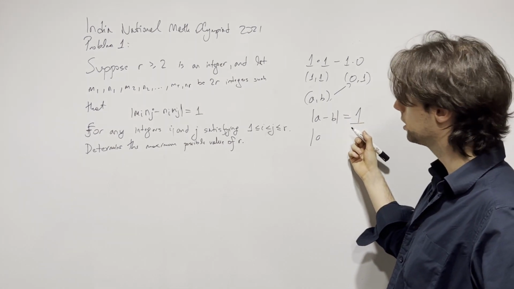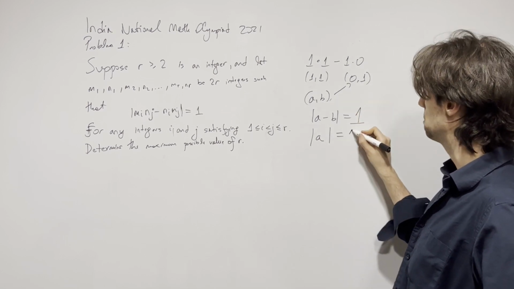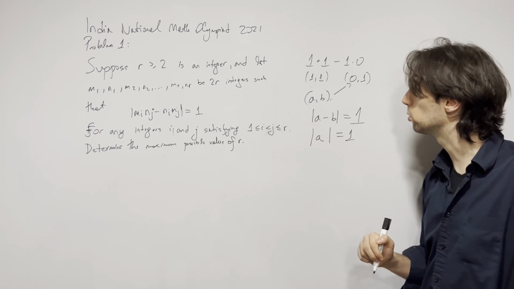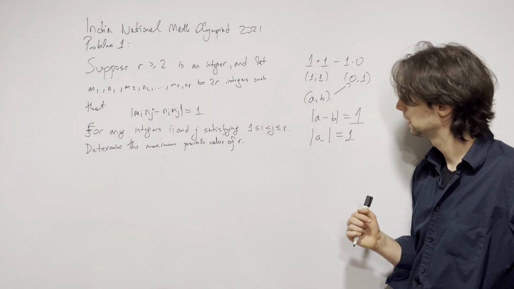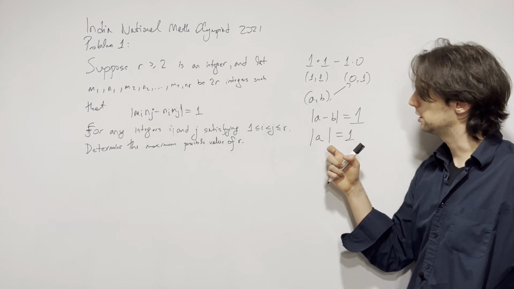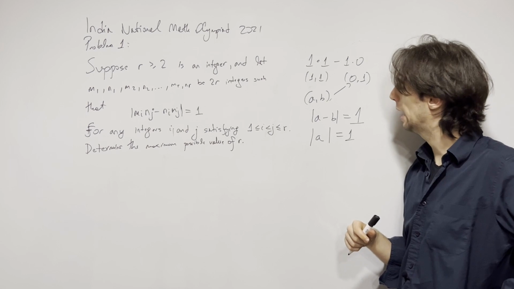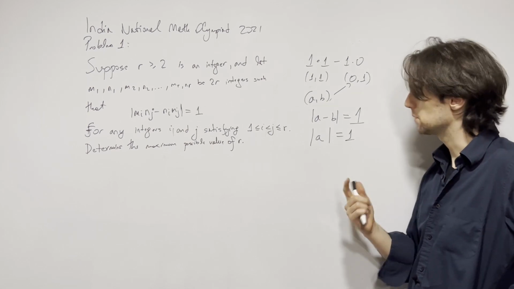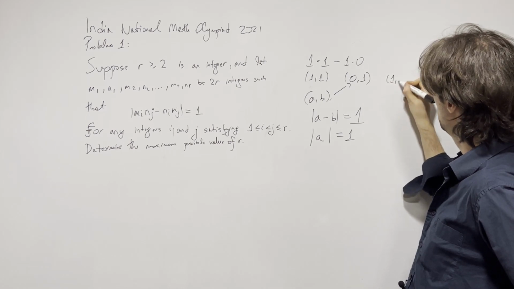Did I do this correctly? No, it's a times 1. The absolute value of a also needs to be equal to 1. Wait, if I set a to 1, I can set b to 0, and I'm good. Yeah, that works out. So I can now have 1 and 0.